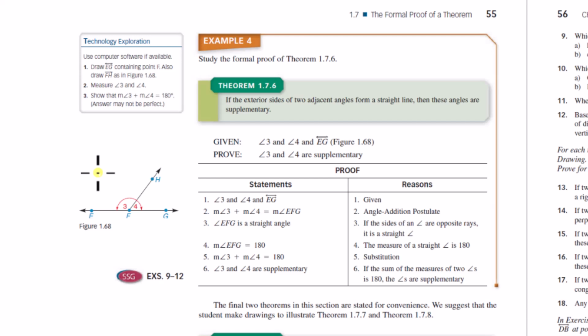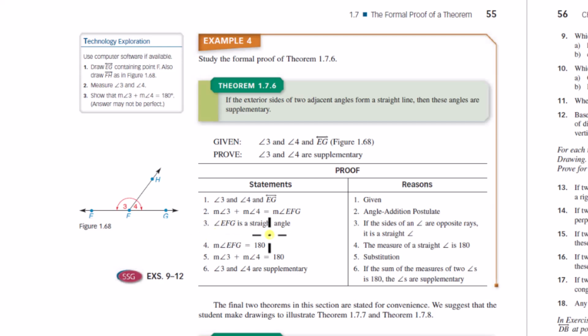It's like you're using your intuition based on the theorems you've learned in math. You can see how they say what I just said more officially here. Angle 3 and angle 4, and the line EG: the measure of angle 3 plus the measure of angle 4 is equal to the measure of angle EFG. That's the angle addition postulate. That's what I needed to state, but didn't remember from a non-mathematician standpoint.